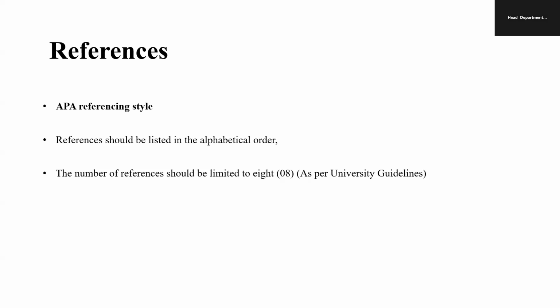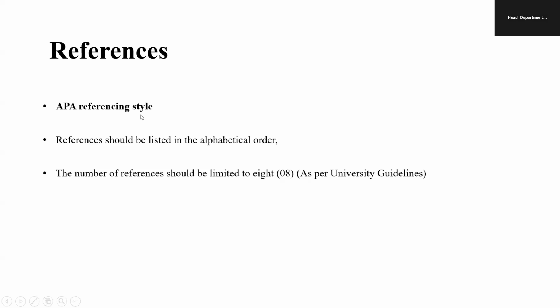Then at the end of the extended abstract, we have to give the reference list. Under the reference list, we give full details about the other researchers' work, where we got that information. According to your guidelines, we have to follow the APA referencing style.